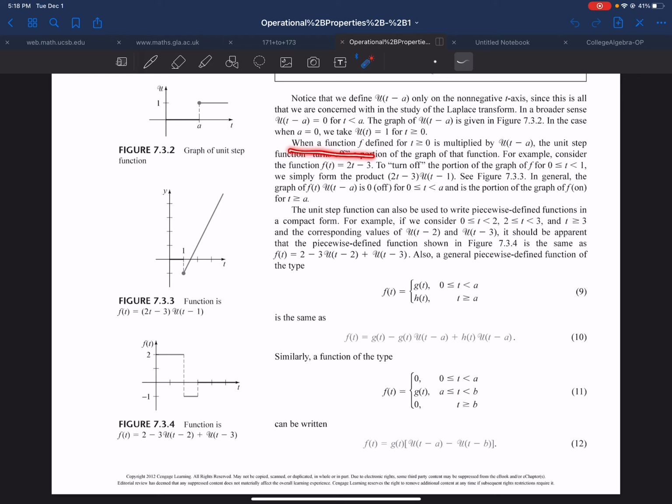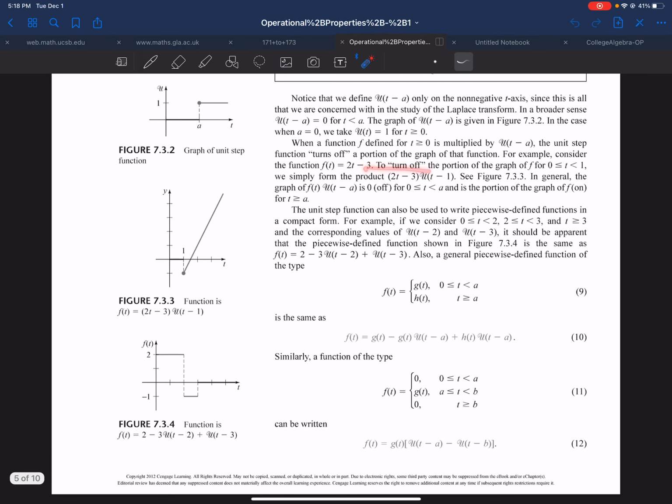It says when a function f is defined for t greater than 0, and it's multiplied by the unit step function, the function turns off a portion of the graph. And so what does that look like? And so in here, they say, turns off a portion of the graph of that function. For example, consider the function 2t minus 3.